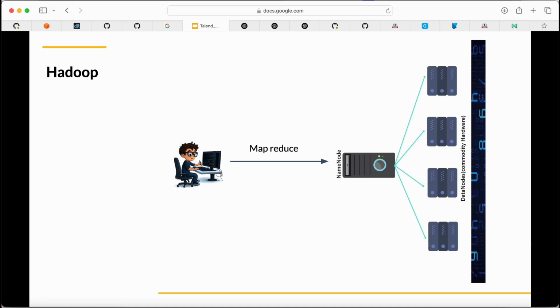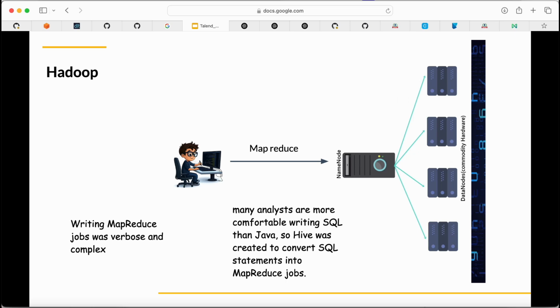Running analytics on data distributed and stored across clusters was difficult. Also, writing MapReduce jobs was verbose and complex. Many analysts are more comfortable writing SQL than Java. So Hive was created to convert SQL statements into MapReduce jobs.